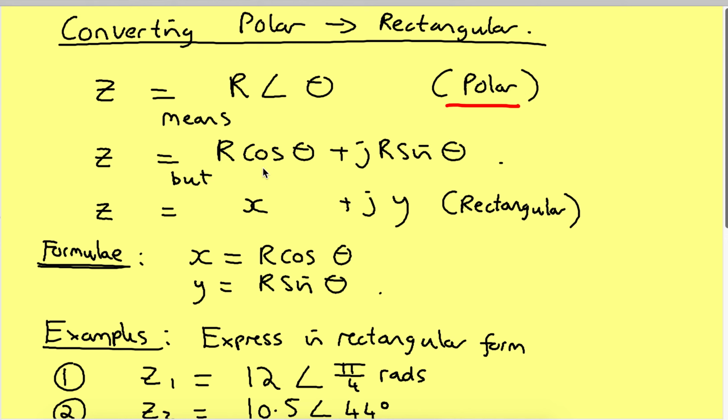Right, now if you can see our rectangular form is x plus jy. So if I compare these two things here, that tells me that in rectangular, x is r cos theta, and my formula for y in rectangular is r sine theta.